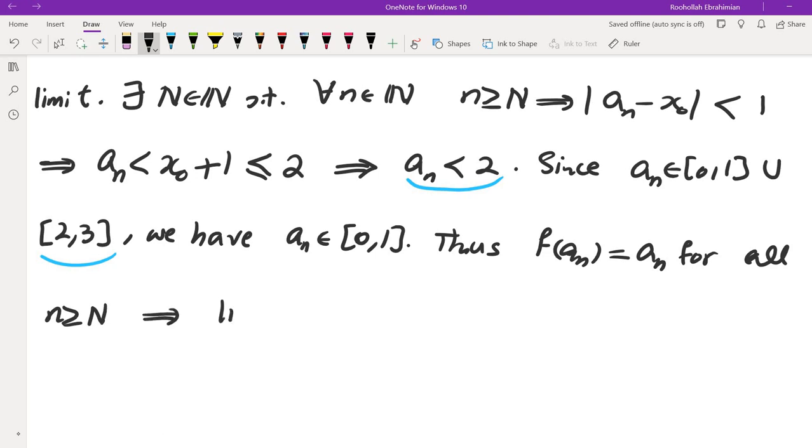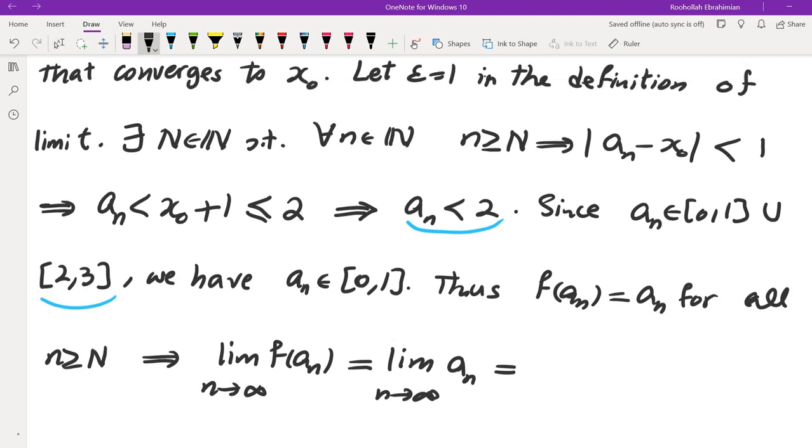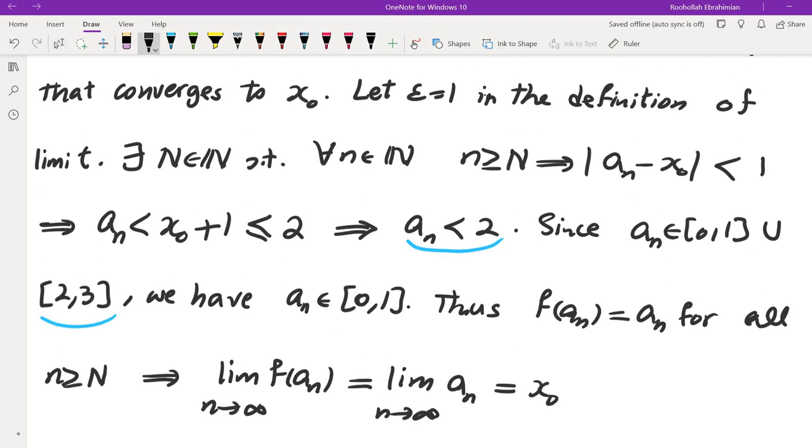And this means when you take the limit of f of an, since as we have discussed, when you're dealing with a sequence, you can ignore the first finitely many terms, this is exactly the same as the limit of an. And limit of an, as we discussed, is x naught.